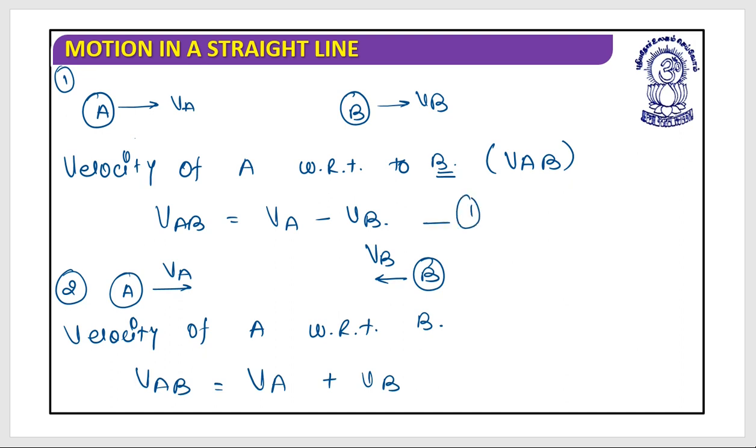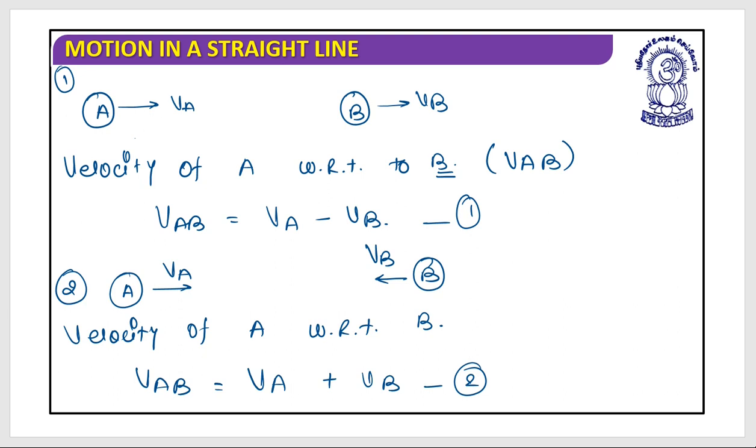So this is the simple thumb rule of these questions. I can add or subtract only similar quantities. If two objects are moving in the same direction, I need to subtract their similar quantities.